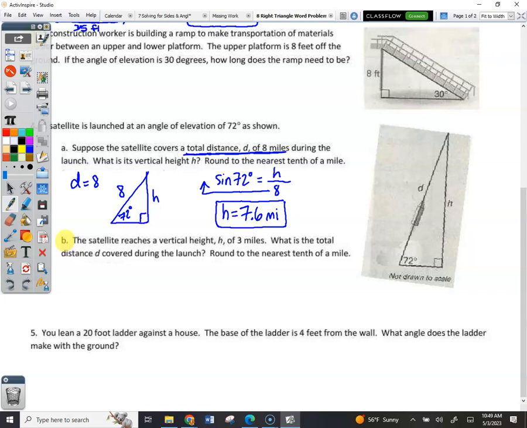So the 20 needs to go on the side that would represent the ladder. A lot of people get this one wrong because they accidentally put the 20 with the vertical. They think this is the ladder, straight up and down, but if you were leaning a ladder against a house, it would definitely be a diagonal, right?